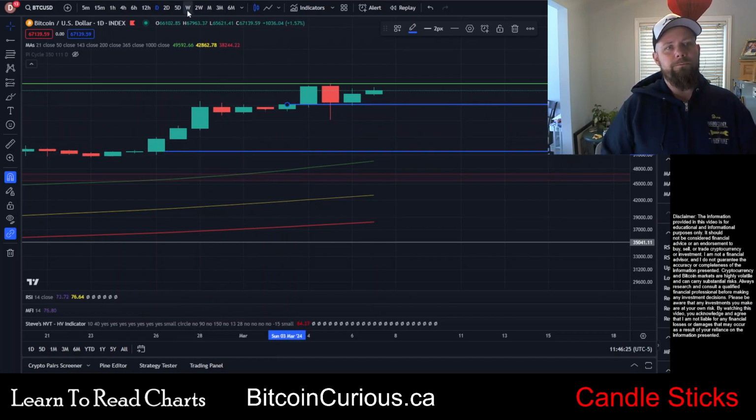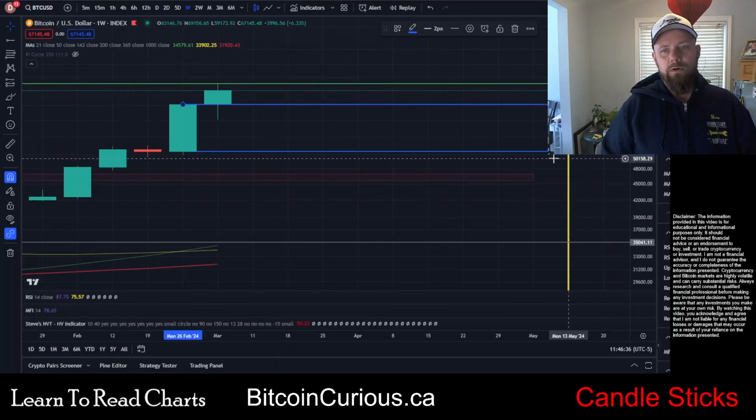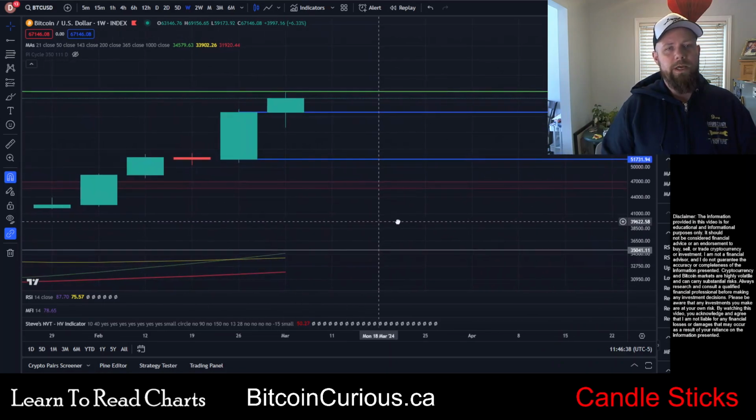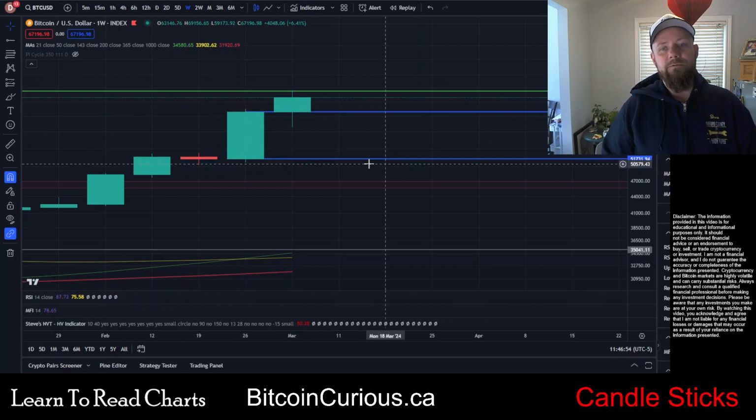So whenever we take it to the weekly candles, we will expect to see a body with a wick below and a wick above. And so here we are. Here's that weekly candle. We can see the open and the close, which is represented by this thick body. Then we have a little wick below, representing the low for that week, and a little wick above, representing the high for that week.